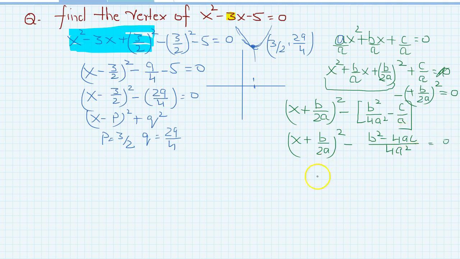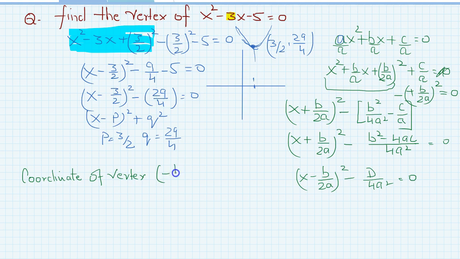So that is equal to (x plus b over 2a) square minus discriminant D over 4a square is equal to 0. So it means the coordinate of the vertex is minus b over 2a and minus D over 4a.